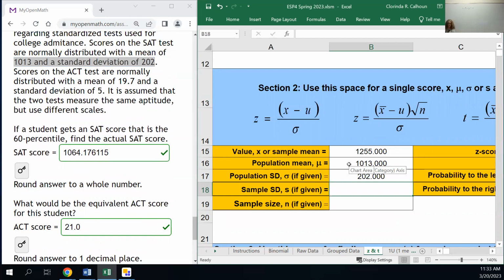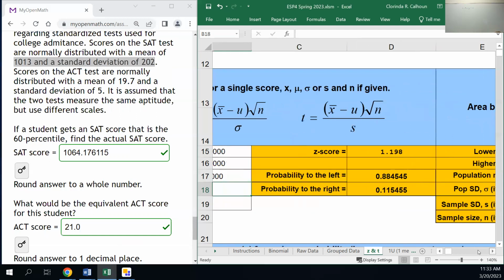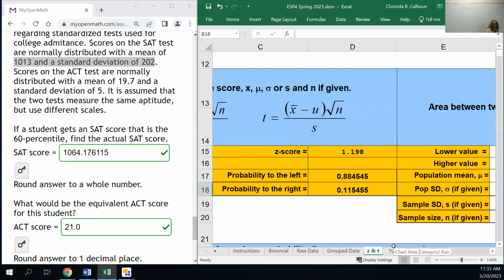Now we do have our probability to the left, which is our percentile. So we could use that and go down to section 3 and do it that way. But since we've already learned how to do this using Z-score, let's just keep it the same. We're going to take our Z-score. So make note of your Z-score. Don't copy it, because if you copy it and it makes it gold, then it messes you up. Okay, here's my Z-score. We're going to go all the way up to section 1, clear over to the right.